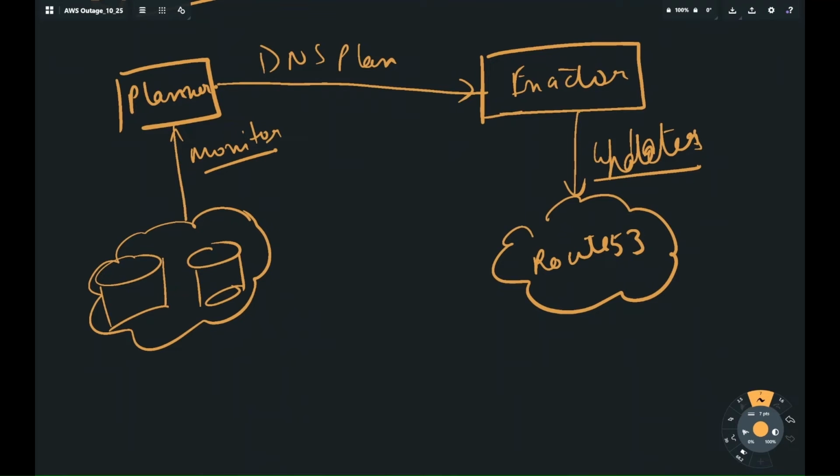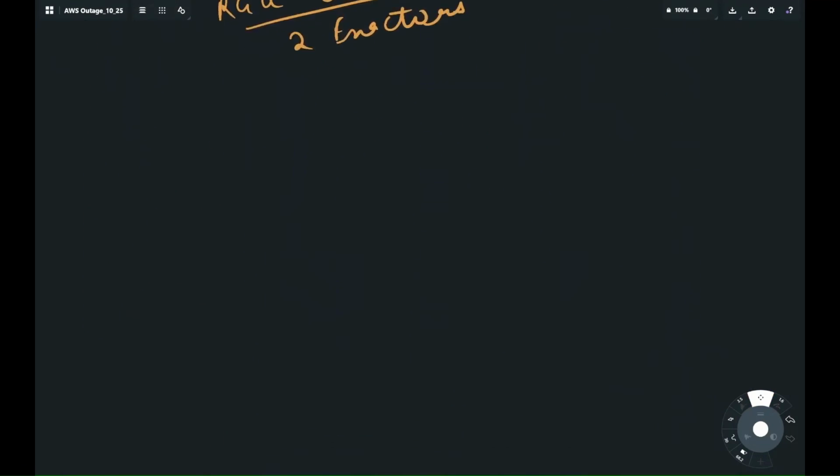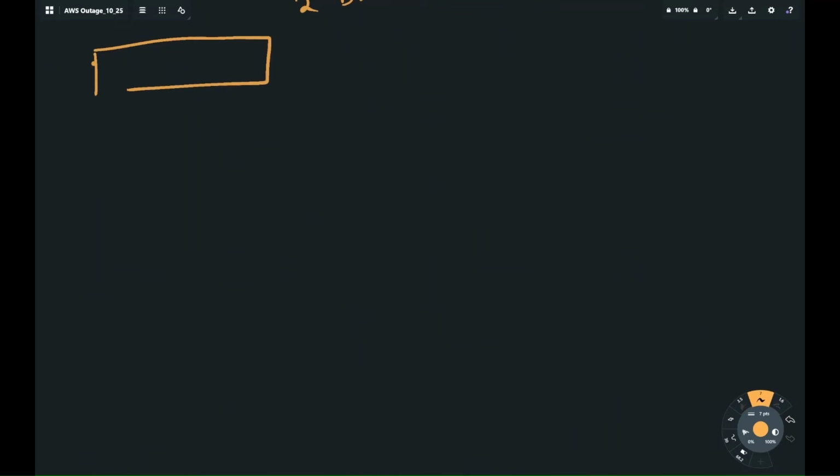So how did this mapping get deleted? Now it happened because of a race condition between two enactors. Now let's understand the race condition. For this one, we'll draw a diagram. This is our first enactor.